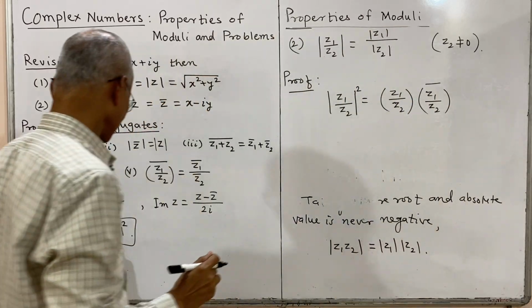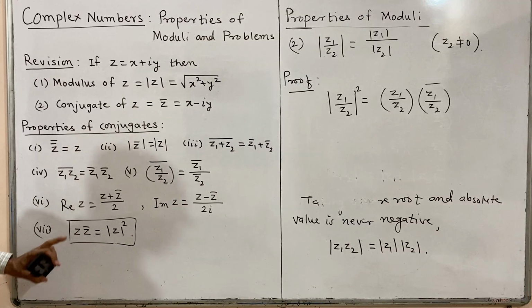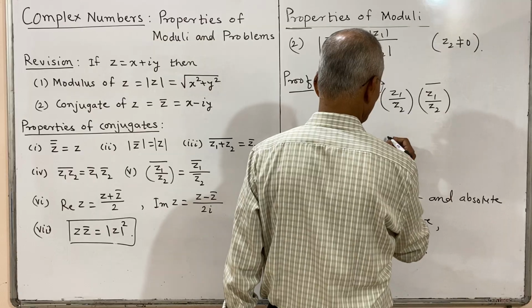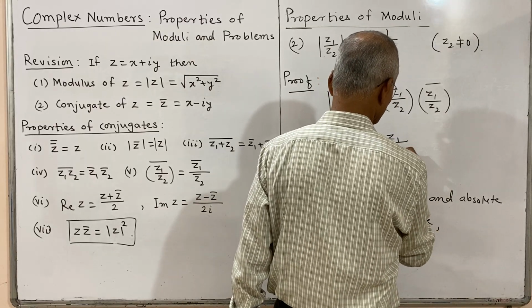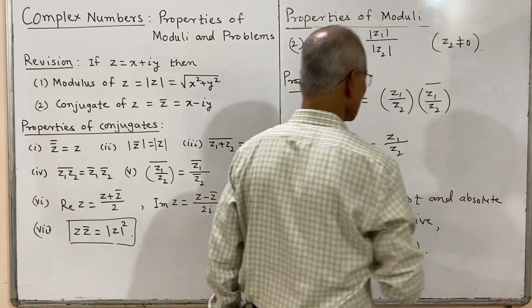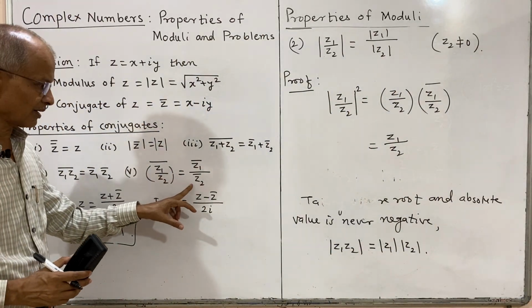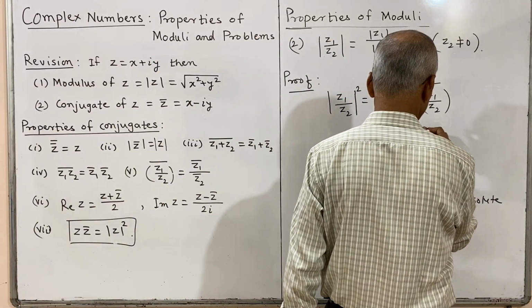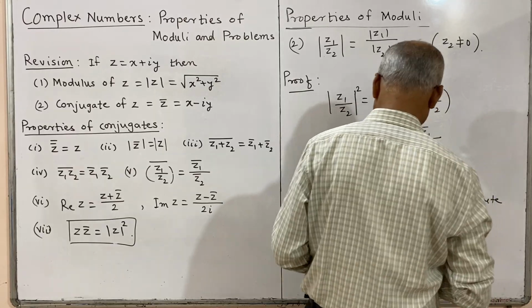See, in reverse way, the square of mod z is z into z bar, and this can be written as z1. Now we know that the conjugate of z1 by z2 is written as the conjugate of z1 divided by the conjugate of z2, and therefore this can be written as z1 times the conjugate of z1 divided by the conjugate of z2.